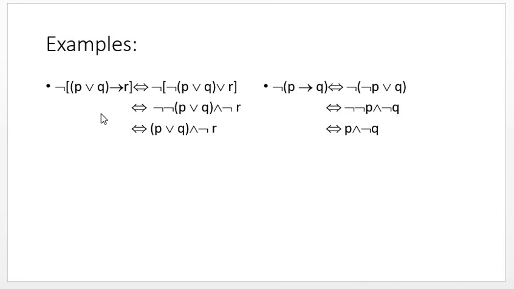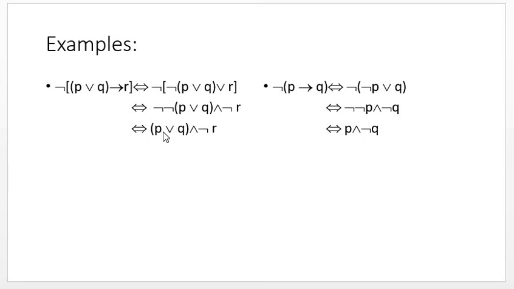So consider the example, negation of P or Q implies R. So this is logically equivalent to negation of negation of P or Q, or R. That is logically equivalent to negation of P or Q and negation R by De Morgan's law.